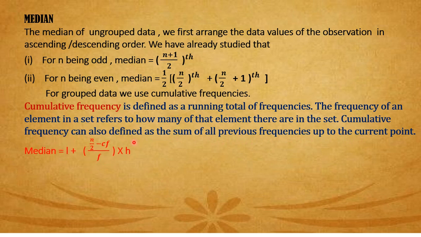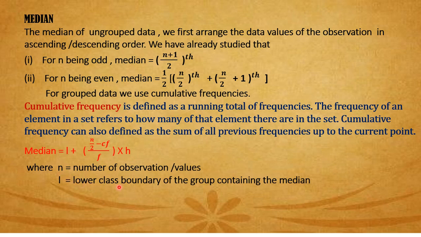So, the median for grouped data is defined as median equals L plus (n upon 2 minus Cf) upon f into h, where n is the number of observations or values, L is the lower limit of the class containing the median, and h is the height of the class interval.